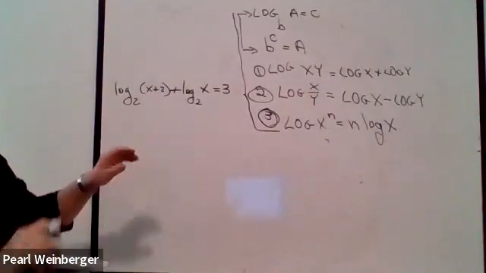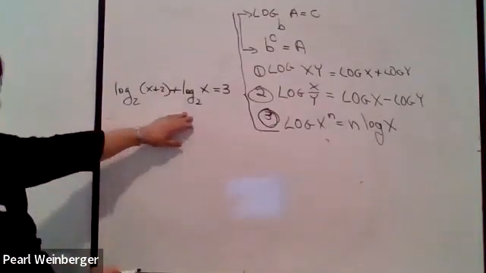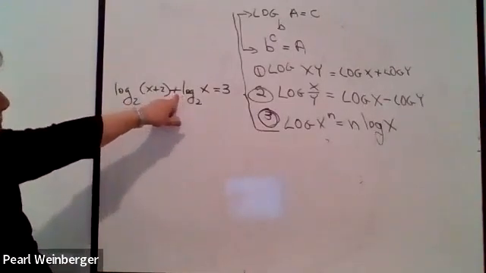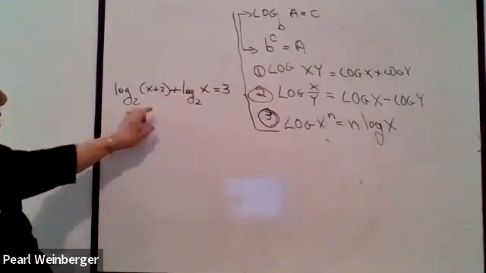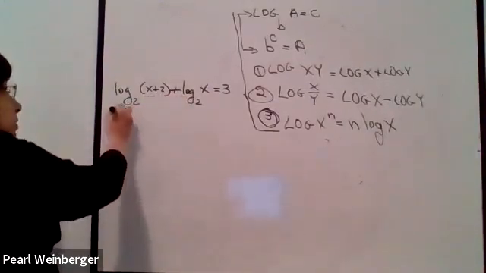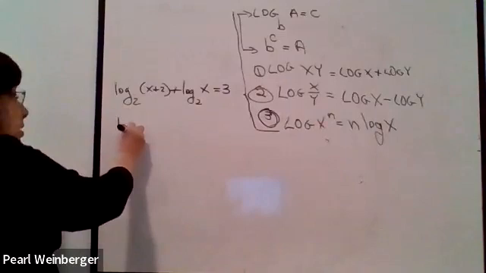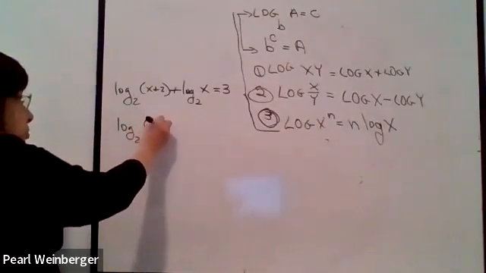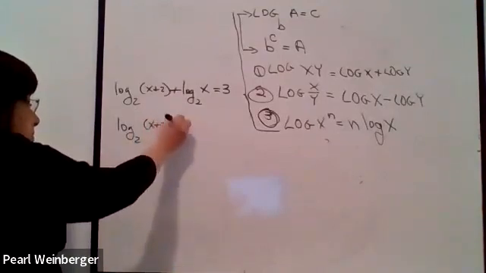Okay, let's try this together. Again, in this case, I see a plus between the logs. So I am going to have to multiply these two things together. So I'm going to rewrite this as log base 2 of x plus 2 times x.